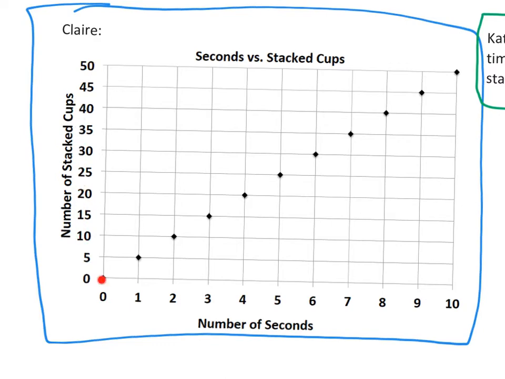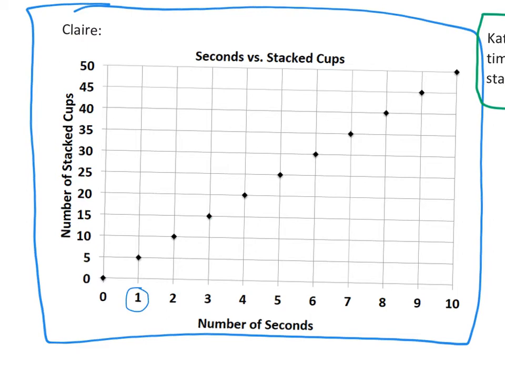So I can see here 0 to 0 really means nothing to me, but in 1 second she makes 5 cups stacked. In 2 seconds she'll stack 10 cups, 3 and 15, 4 and 20, and so forth. Now the good news is I don't have to do any dividing in this graph. The graph went ahead and showed me what my single unit is.